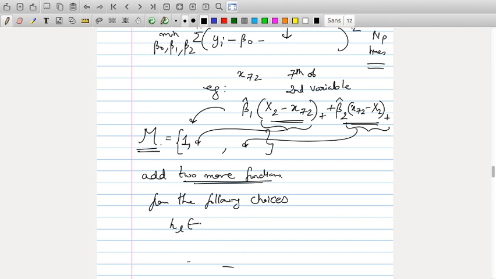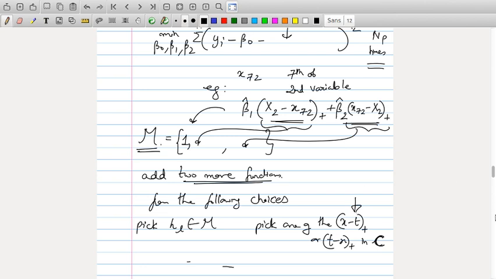pick a function HL from this set script M, and pick one of the x minus t plus or t minus x plus in the set C. We defined set C to be all these types of hinge type functions.